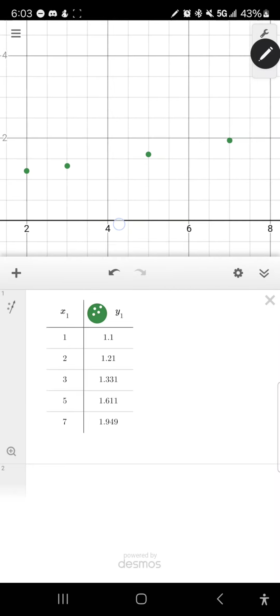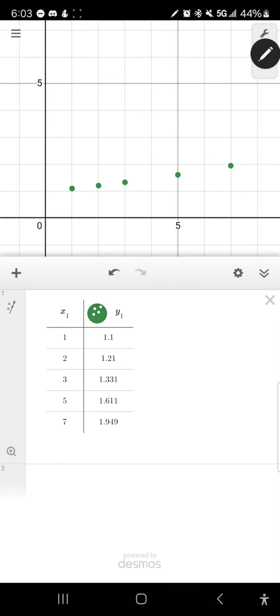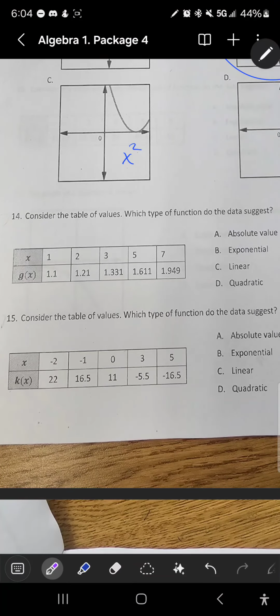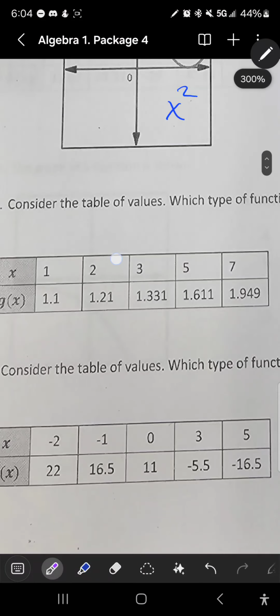And then you can see how it really looks. It does look kind of linear, but at the same time, I don't see the same slope between each point. Let's just calculate it. Let's use this point and this point.